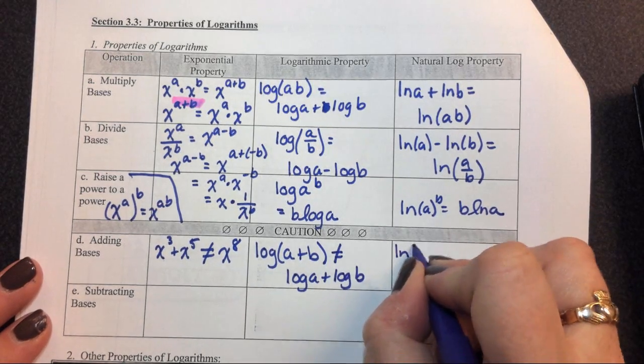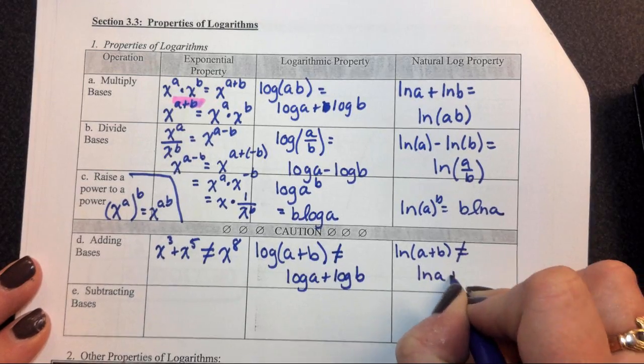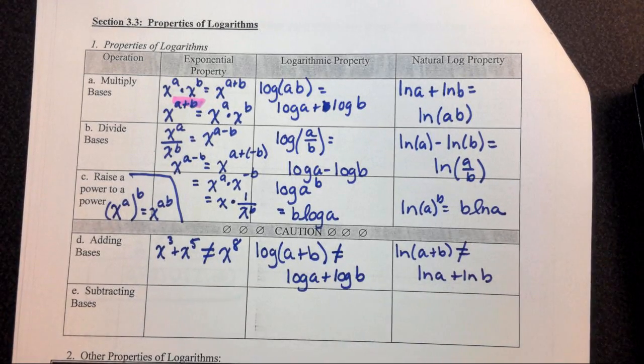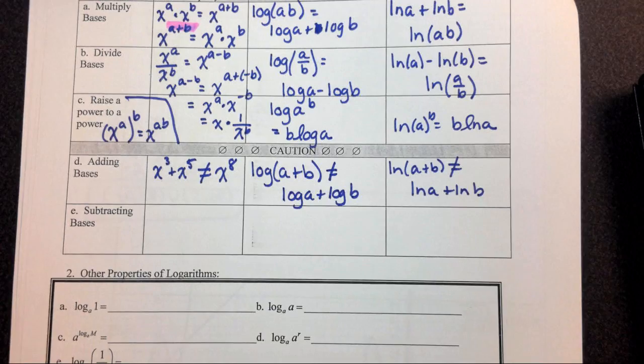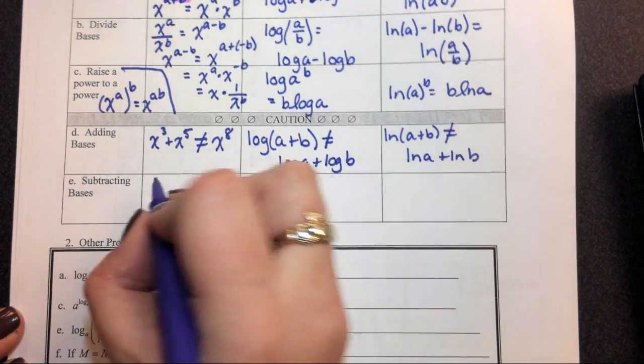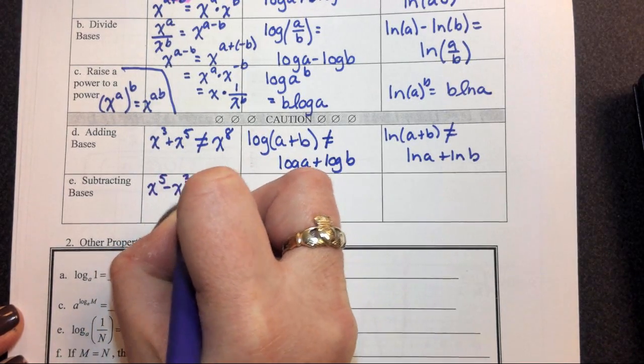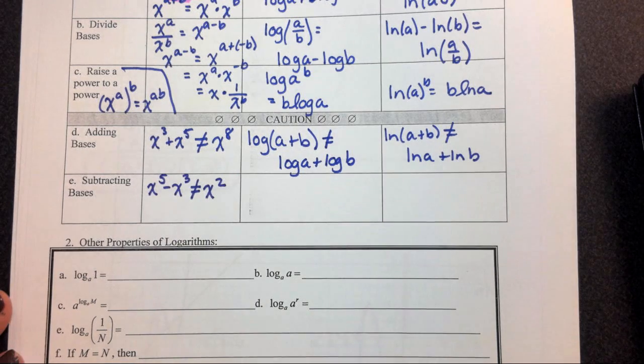Same thing with your natural log. If this was the natural log of A plus B, it's not equal to the natural log of A plus the natural log of B. Just like subtraction, when you're doing exponents, x to the fifth minus x to the third is not equal to x squared.